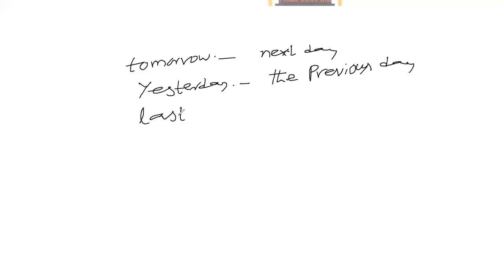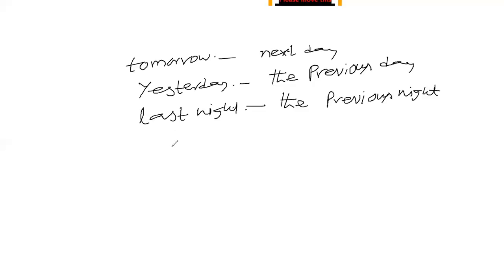Similarly, last night becomes the previous night. This is not applicable only for last night. When you come across last week at the time of conversion of direct into indirect speech, you can say the previous week. Last month can be converted into the previous month. Last year should be converted into the previous year, and so on, right?